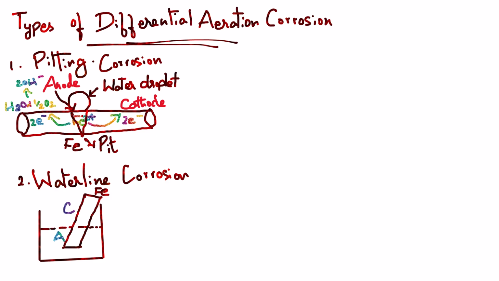The portion outside the solution will act as cathode, and iron undergoes oxidation and forms Fe2+ and releases the electrons. Those electrons are utilized at the water line by the water molecule and oxygen, and hydroxide ion is produced. Since the corrosion occurs at the water line, it is called waterline corrosion.